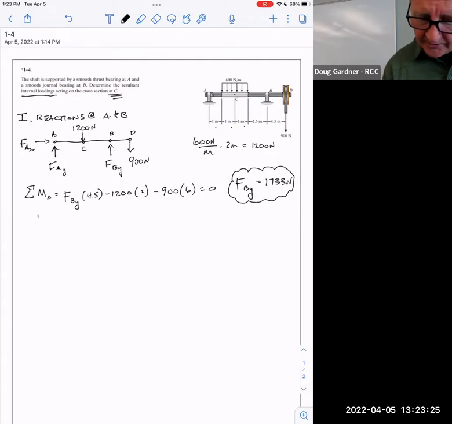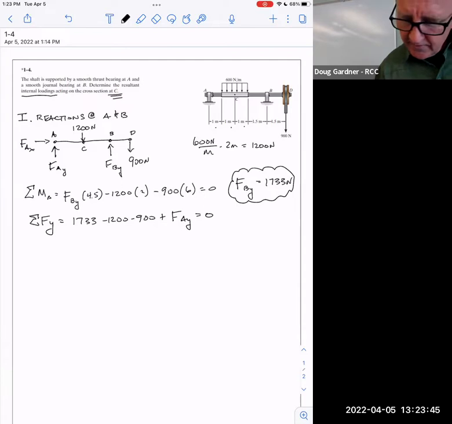And then I could actually switch to the sum of the forces in Y being 0, and I could say we have 1733 pushing up, we have 1200 pushing down, we have 900 pushing down, and I'm assuming anyway, we have force of AY pushing up. And indeed, that does come out positive, and I get about 367.